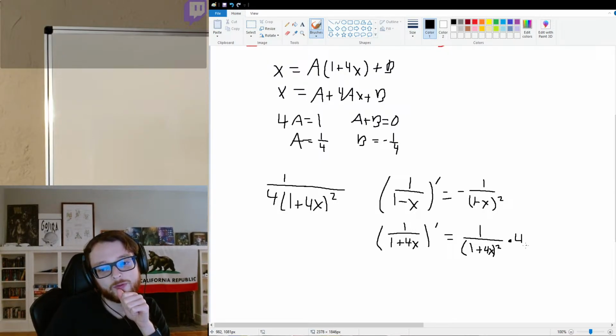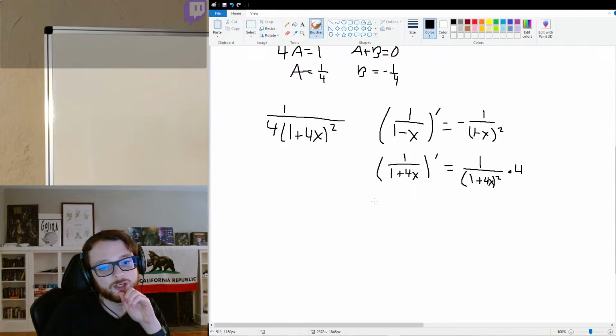The only issue is we have a times 4 on top here, and this 4 is on the bottom over here. So we can be a little cheeky. And we know we want to end up with a 4 on the bottom, but we need to cancel out this 4 on top. So I'm going to multiply each side by 1 over 16.